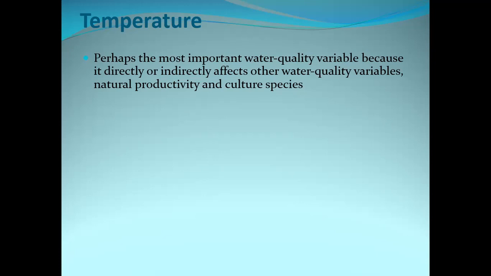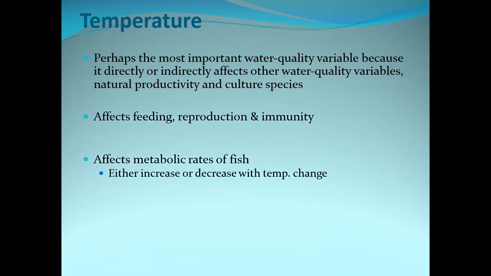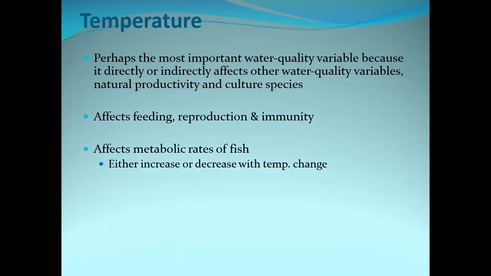Right. So too low temperature problems, too high temperature problems. Temperature affects feeding, reproduction, and immunity. It affects the metabolic rates of fish, either increasing or decreasing with temperature change, right? So as I say, if you go too low or too high, it can become problems.